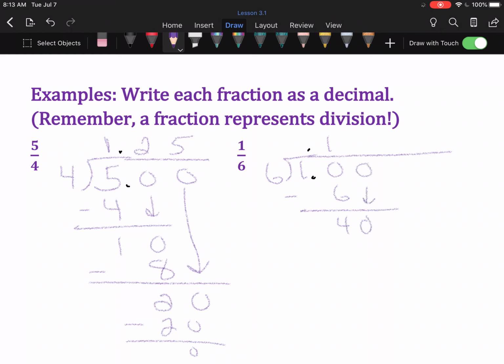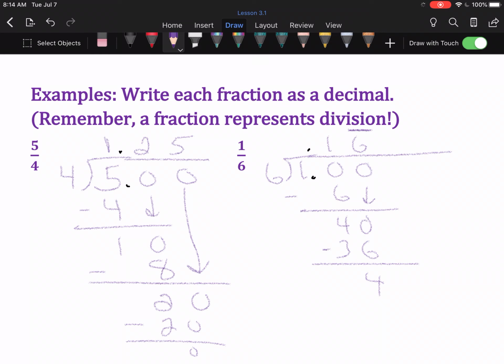Drop that down. 6 goes into 40 6 times. 6 times 6 is 36 with the remainder of 4. It's the same remainder. When you get a repeating remainder, you've got a repeating answer. That 6 is a repeater. Not the 1, the 6 itself.